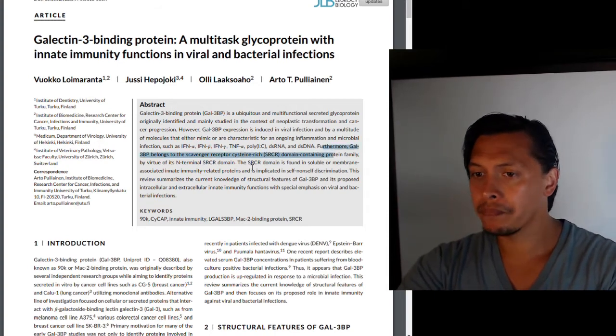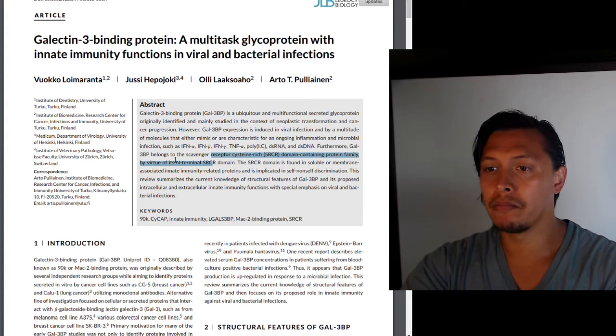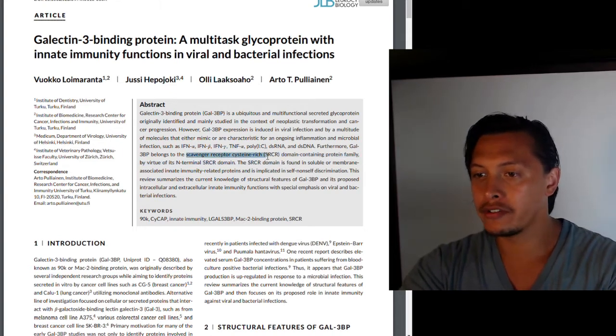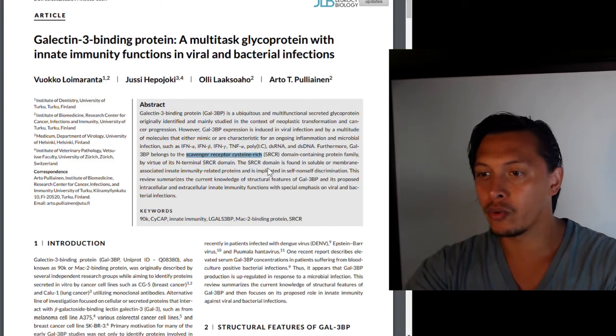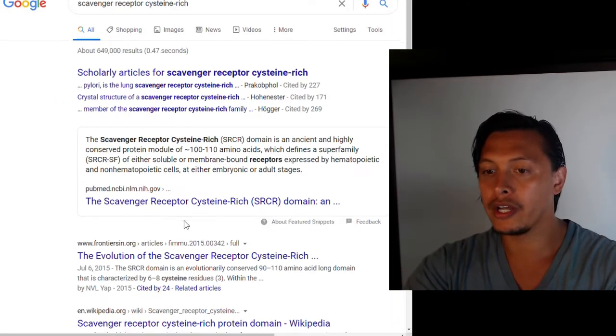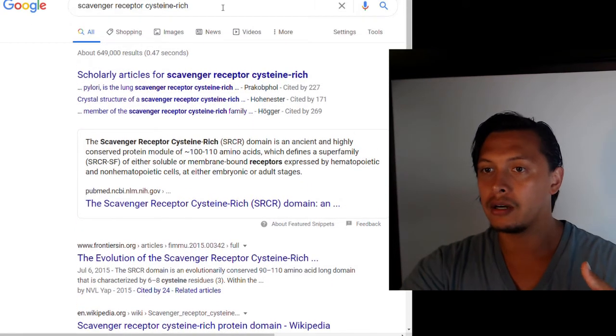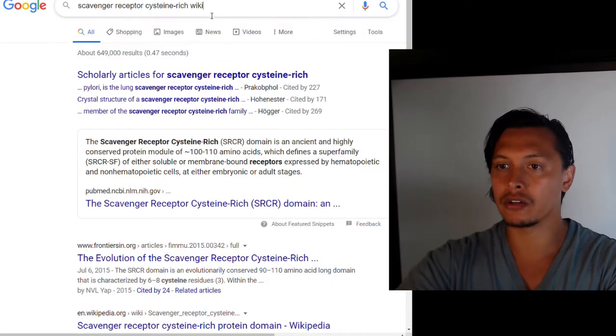So furthermore, galectin-3 binding protein belongs to the scavenger receptor cysteine-rich domain-containing protein family. So a lot of words right there. So what is the scavenger receptor cysteine-rich, or SRCR? Well, it is a conserved domain. Let's get a Wikipedia article if they have it.